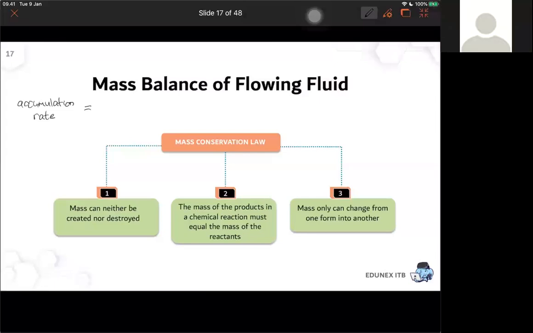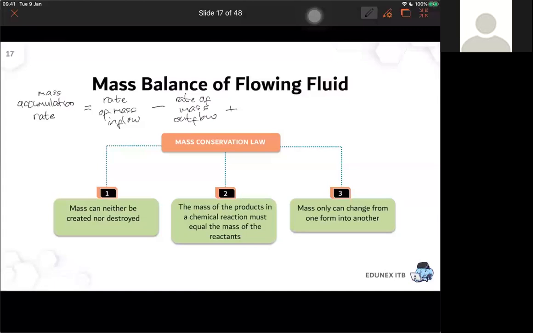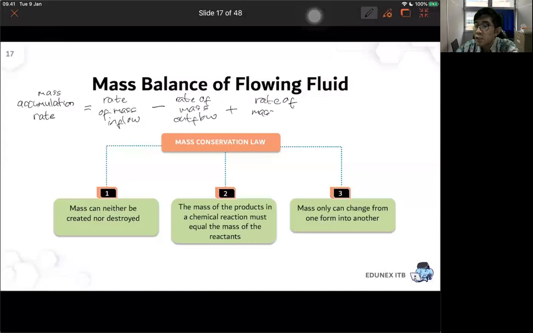So the rate of mass accumulation will be the rate of mass in, or inflow, minus the rate of mass outflow, right? Plus generation. Correct. Rate of mass generated, minus consumption, sir. Okay. Rate of mass consumption.